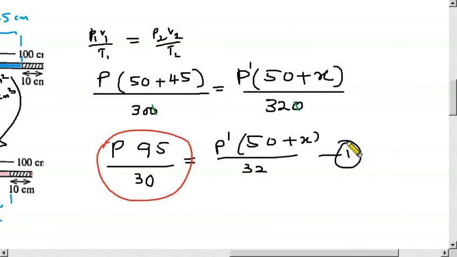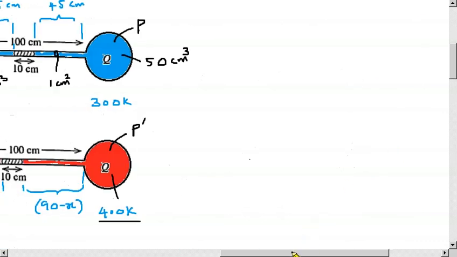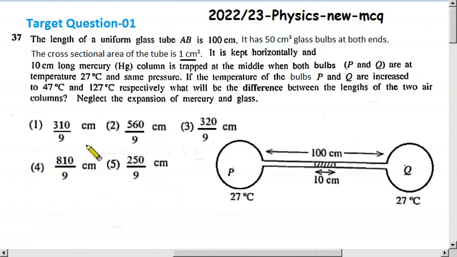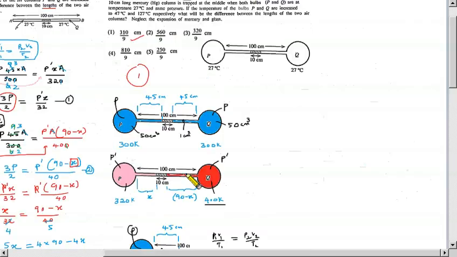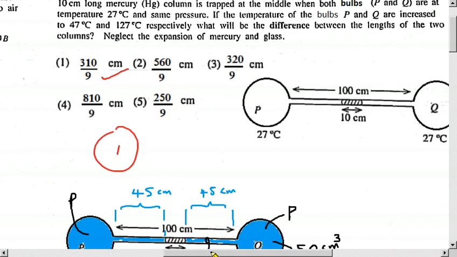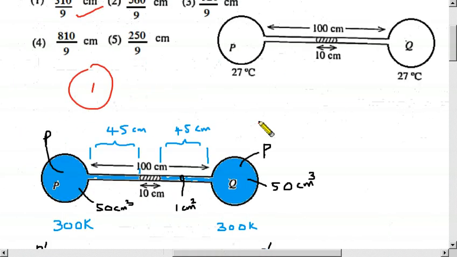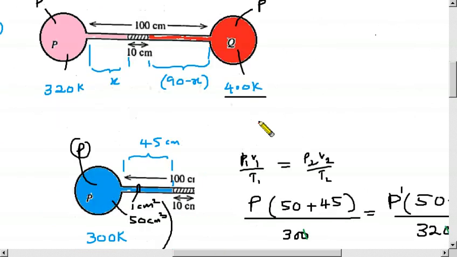310 divided by 9. Yes, the answer, the first one. It is not difficult. Slowly, carefully, you have to simplify, and you have to get the volume.